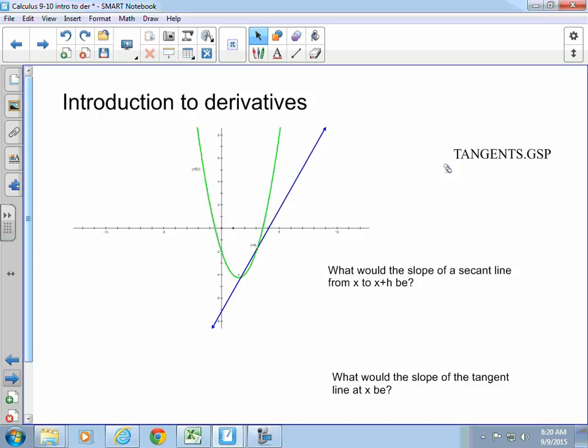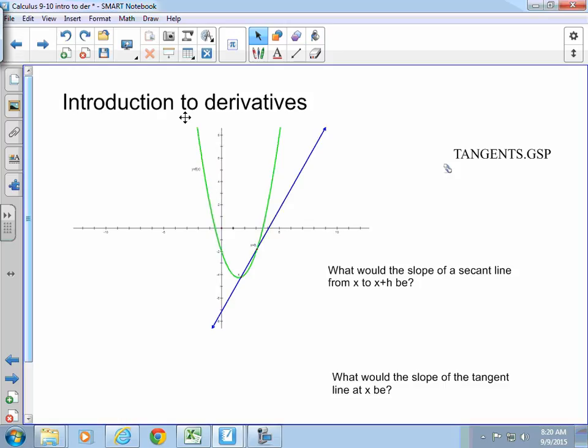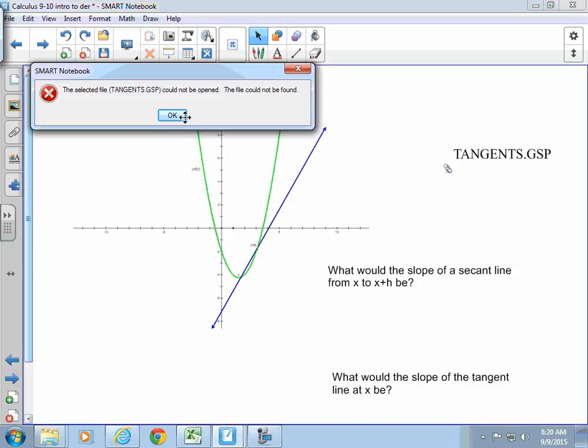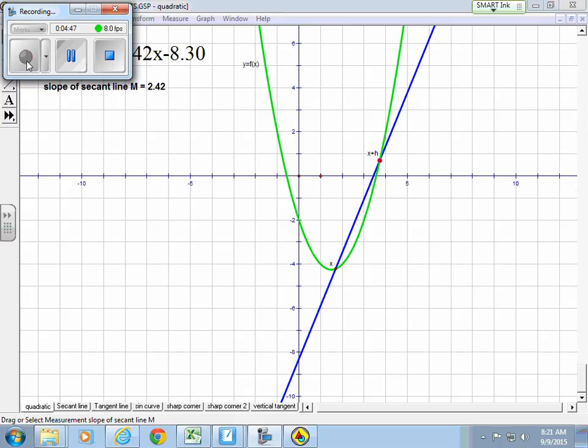So I'm going to bring up a little picture here of 2 points, x and x plus h. If I wanted to find the slope between those 2 points, how would you do it? How do you find slope with 2 points?